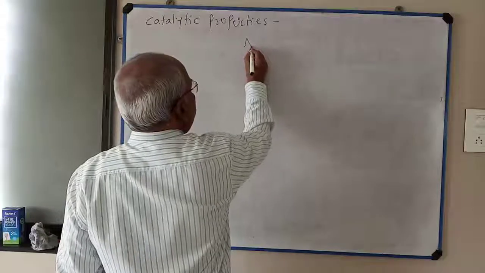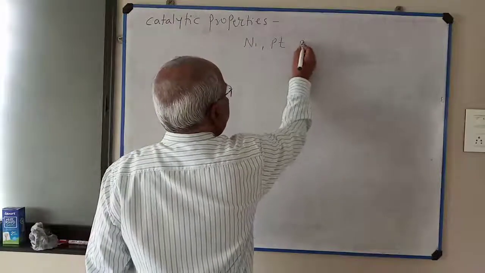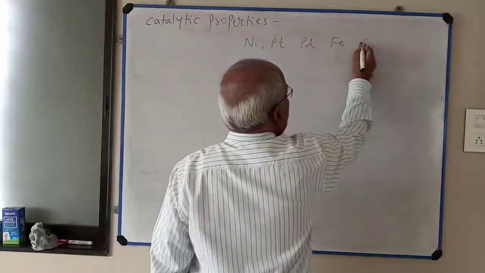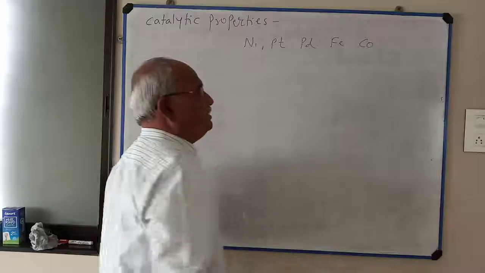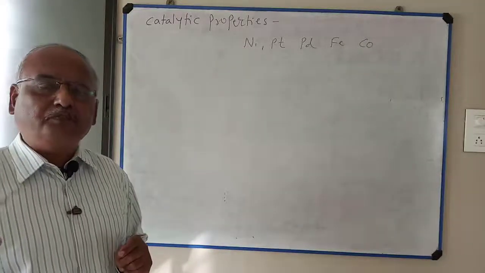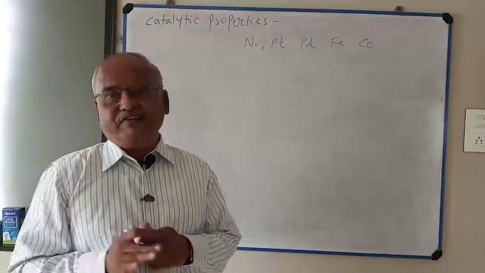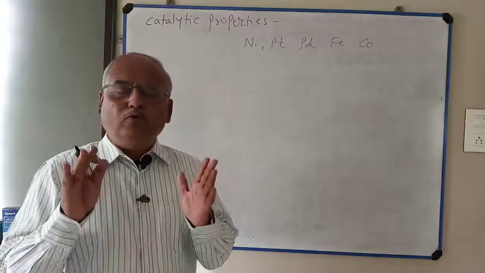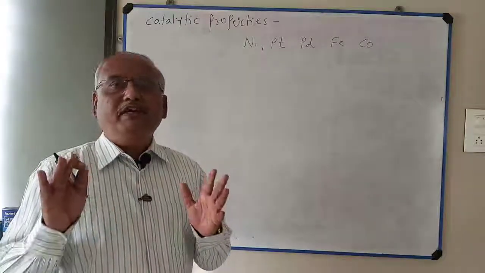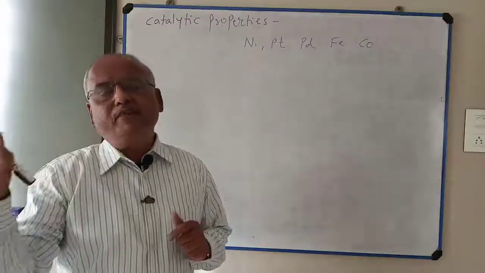Nickel, platinum, palladium, iron, cobalt, these are catalysts. In homogeneous catalysis, transition elements form unstable intermediates.